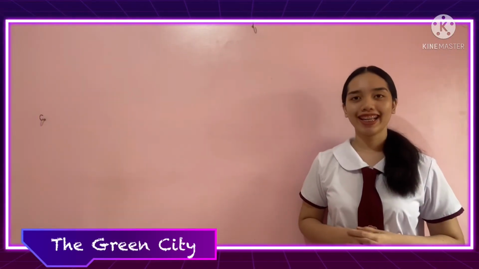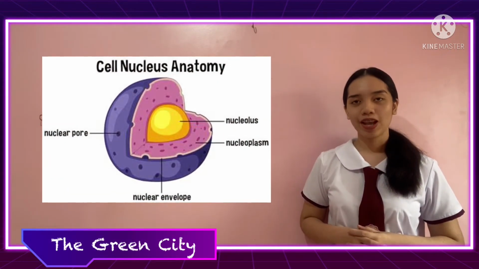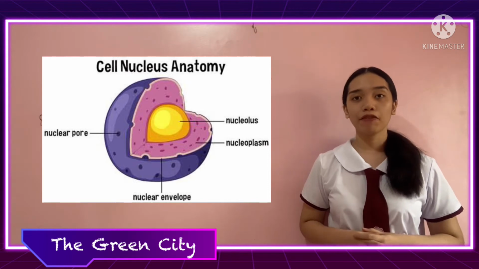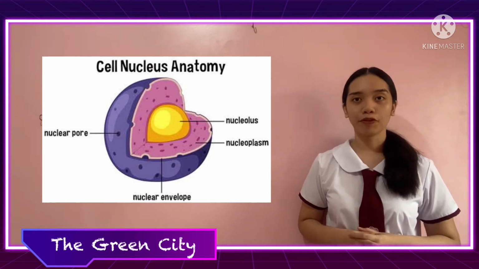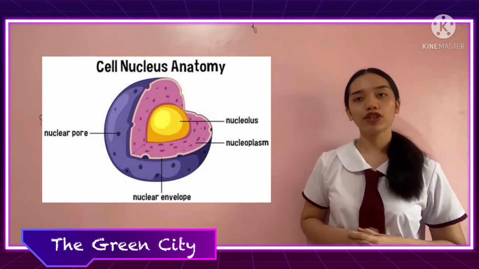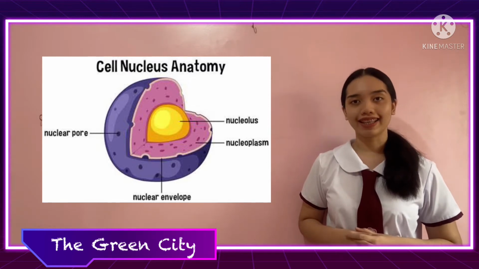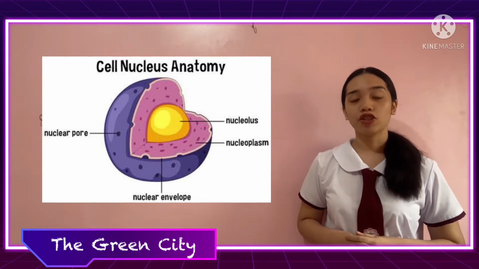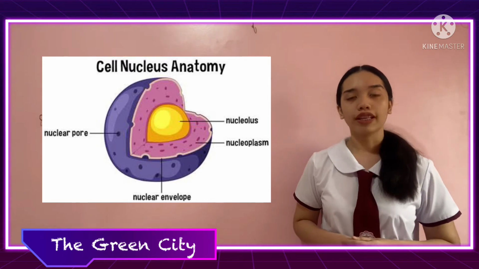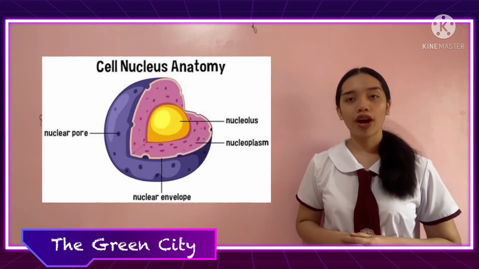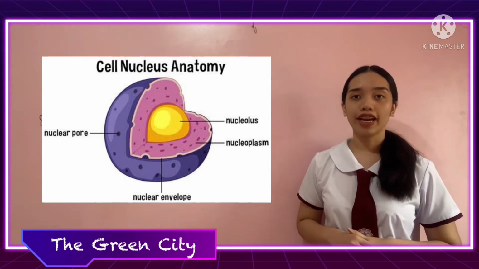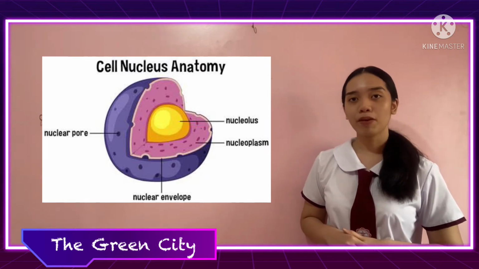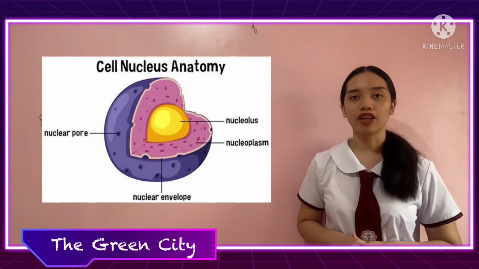The first organelle in the list is the nucleus. The nucleus can be found in the center of the cell to perform its function and reach the other parts of the cell easily. The nucleus contains genetic material that we call DNA, and it performs all cellular activities inside the cell such as growth, metabolism, protein synthesis, and reproduction.